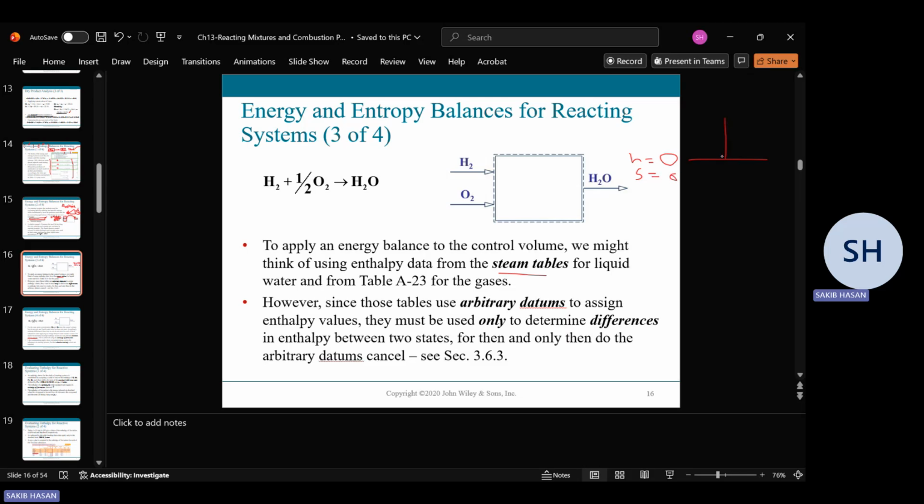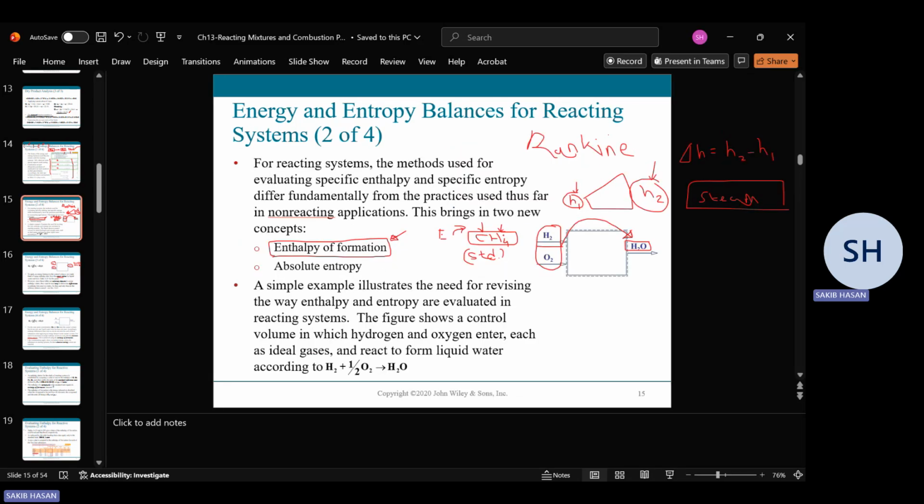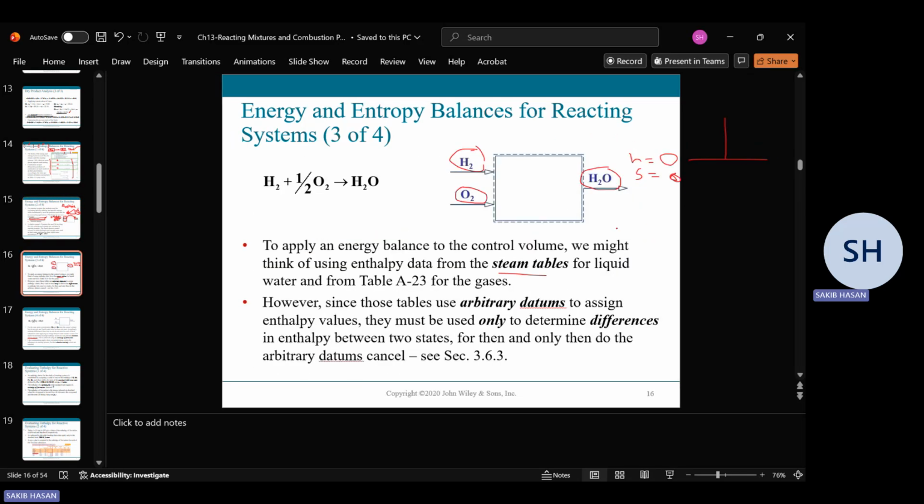However, when you have this combustion reaction, you can no longer use the same datums because in our calculations, they won't cancel out nicely. So instead, what we do is, again, we define this enthalpy of formation, which gives us a new standard for zero.